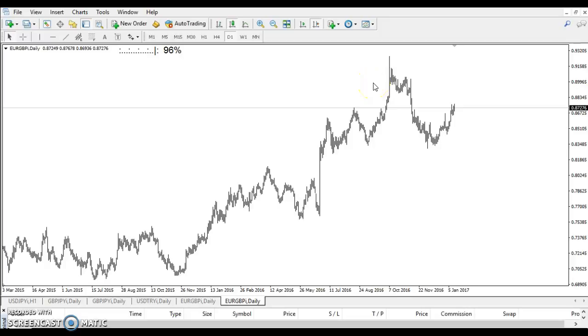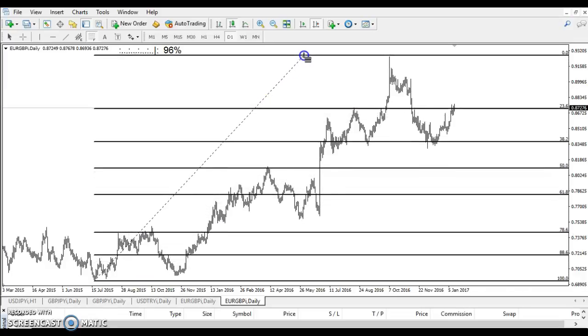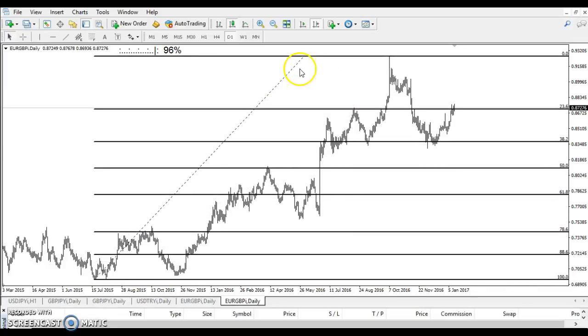Step 1. Step 2, get your Fibonacci out. Okay? Fibonacci is a proven tool that plots out certain support and resistance levels that are significant. And most importantly, it's a leading indicator.